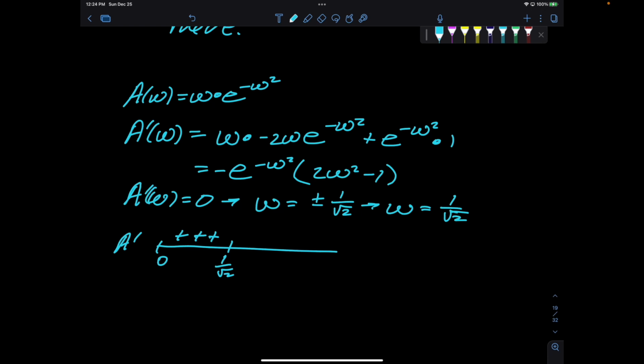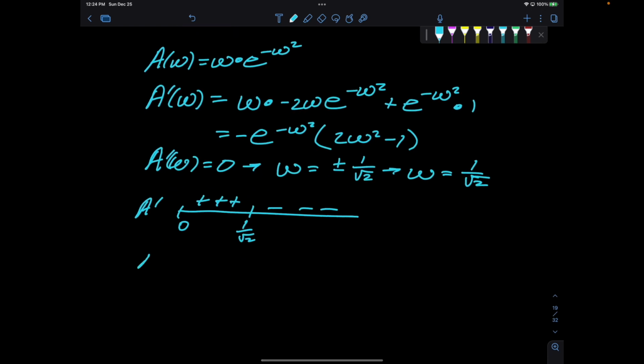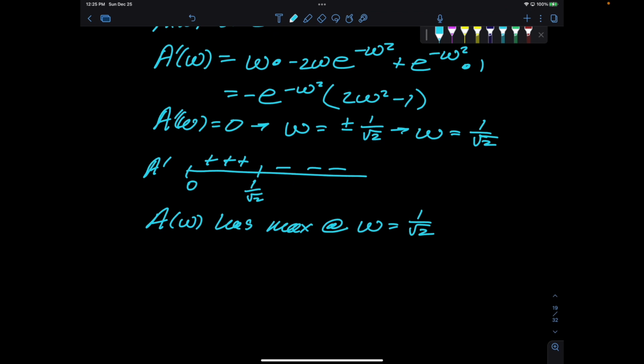And then if we plug in a billion, we're definitely getting negative. So A of w has a max at w equals 1 over root 2, because A prime changes from positive to negative there.